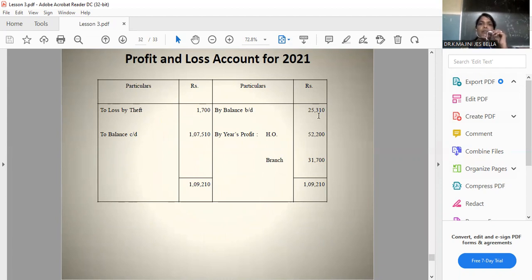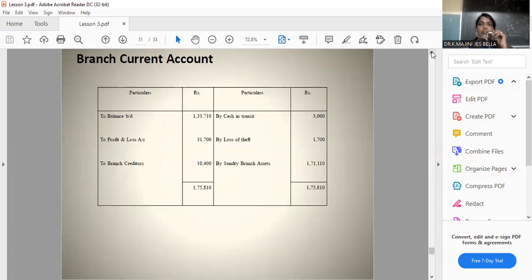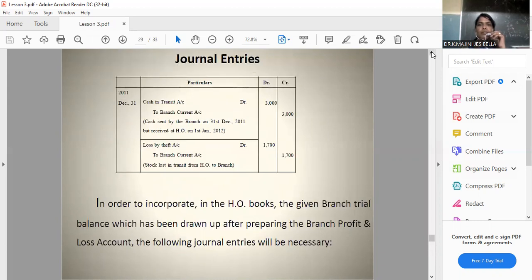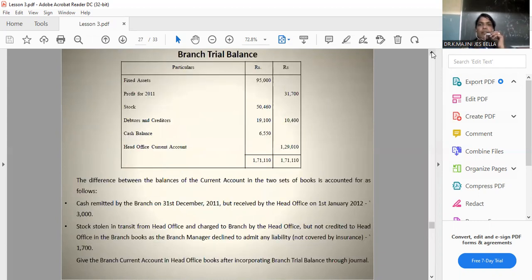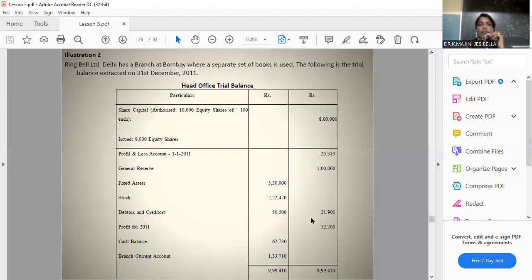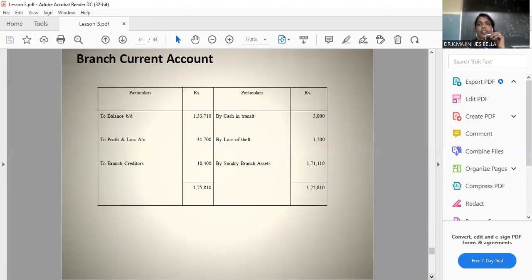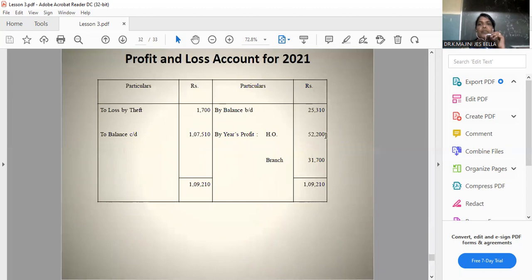Then by the year's profit. Head office profit, how much? See here, 52,200, right? So we can write here profit 52,200. Branch profit, how much? 31,700. You have to write it, 31,700. Total it. How much is the balance?